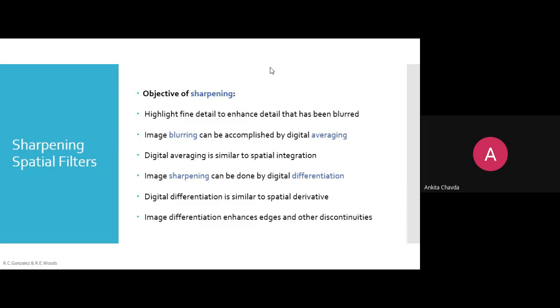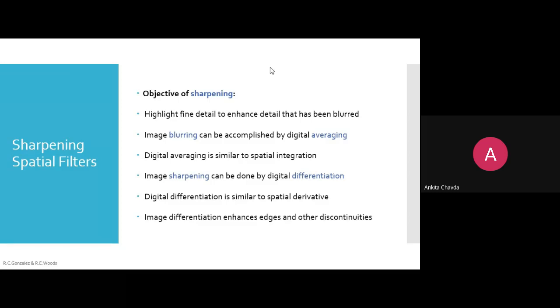The objective is to highlight the fine details, to enhance the details that have been blurred. Because once we have applied smoothing, it has made our normal image a blurred one, right? So in that, we just want to highlight the fine details, meaning edges, right?